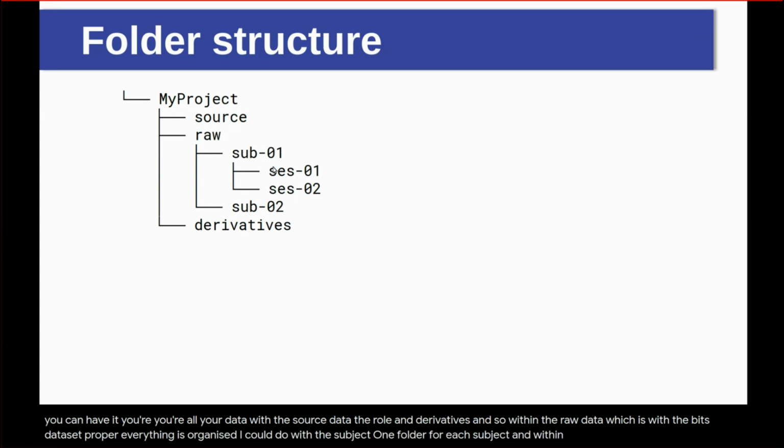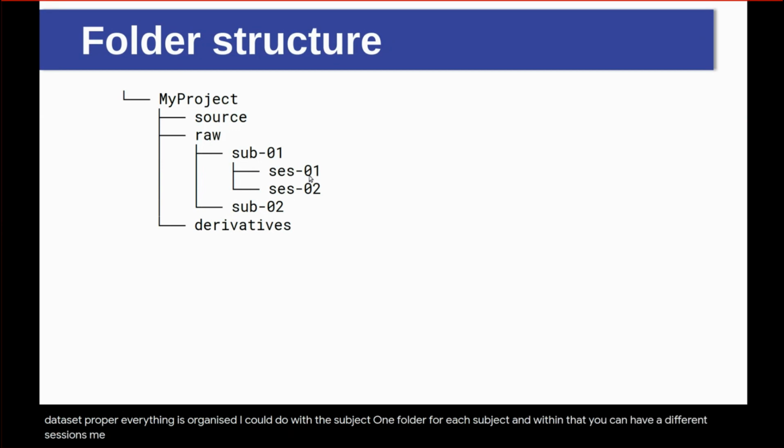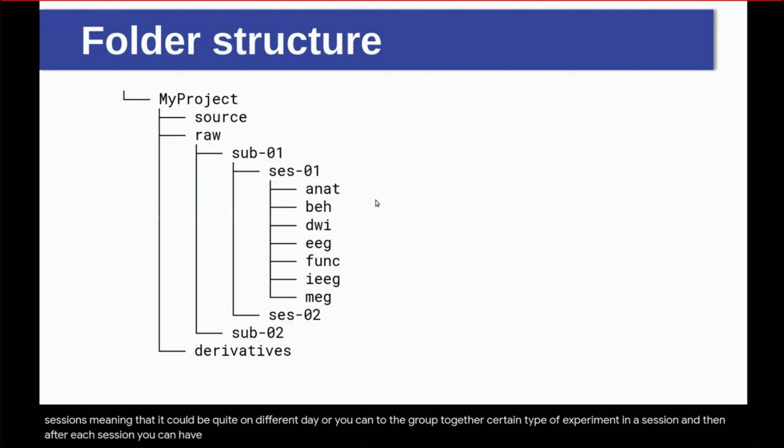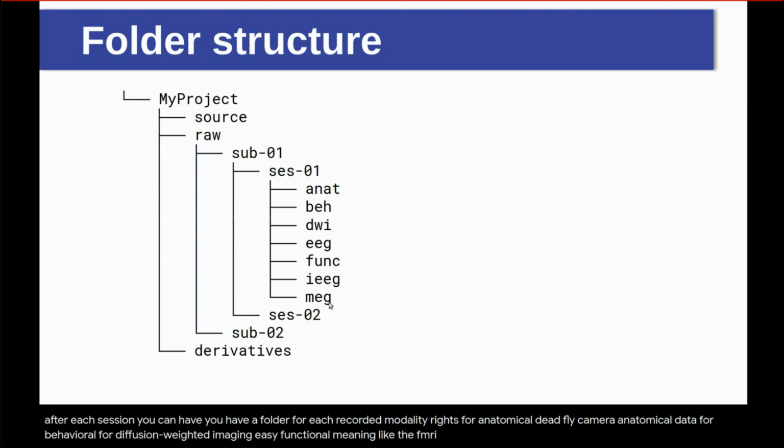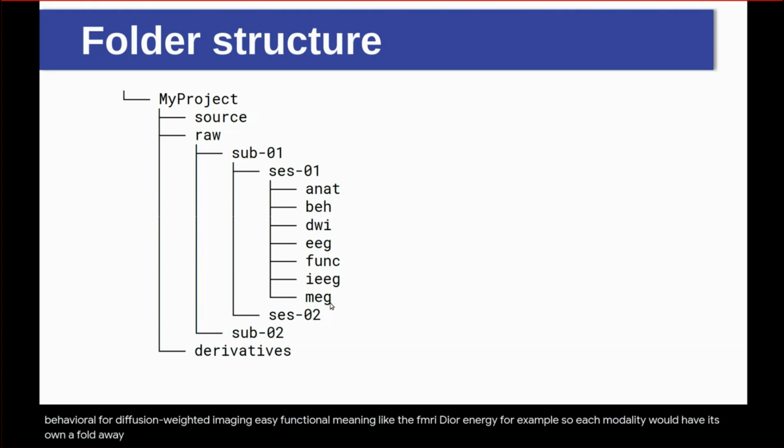Within that, you can have different sessions, meaning data acquired on a different day, or you can group together a certain type of experiment in a session. Then within each session, you have a folder for each recorded modality, right? For anatomical data, for behavioral, for diffusion weighted imaging, EEG, functional, meaning fMRI, iEEG or MEG, for example. So each modality would have its own folder where the data is organized.